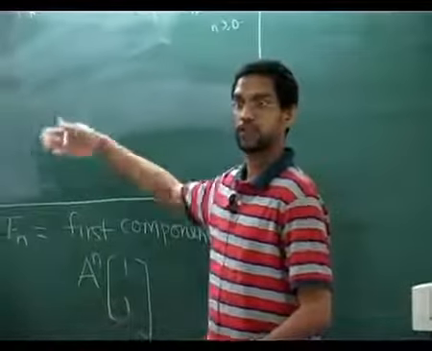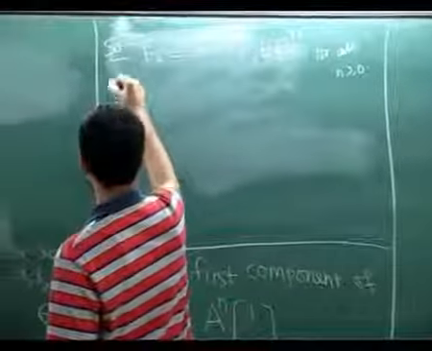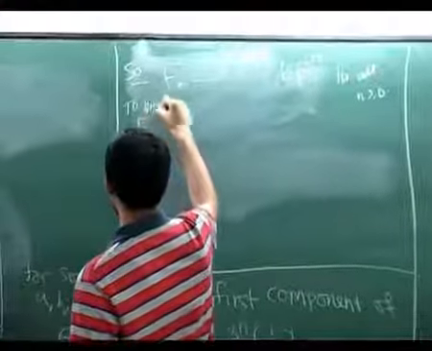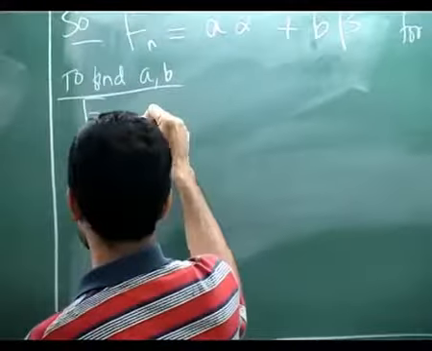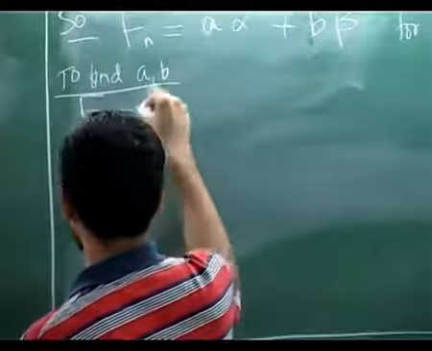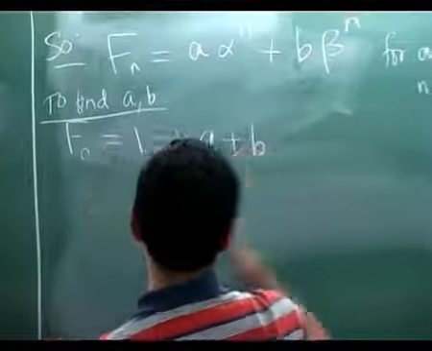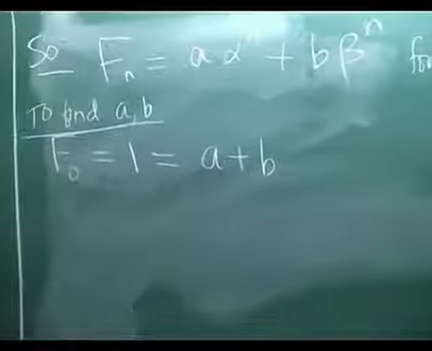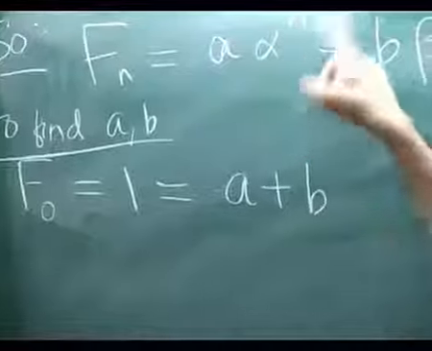So here's a simpler way of calculating A and B. To find A and B, let's put n equal to 0. So F0 is 1 in that case, but what will it become here? It's A plus B, because I put n equal to 0, so this is just 1 and 1.